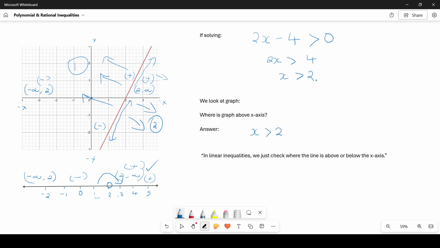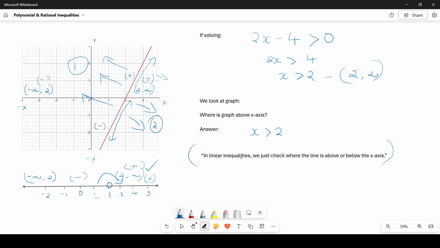So we can write the interval as 2 comma positive infinity. Here we can find this using a simple algebra technique. Otherwise we can draw a graph, or draw a number line. You can use both techniques to find the values of x which make the inequality true.